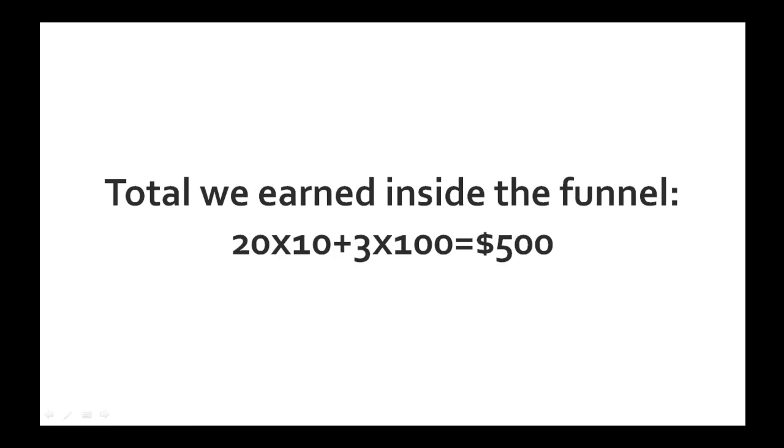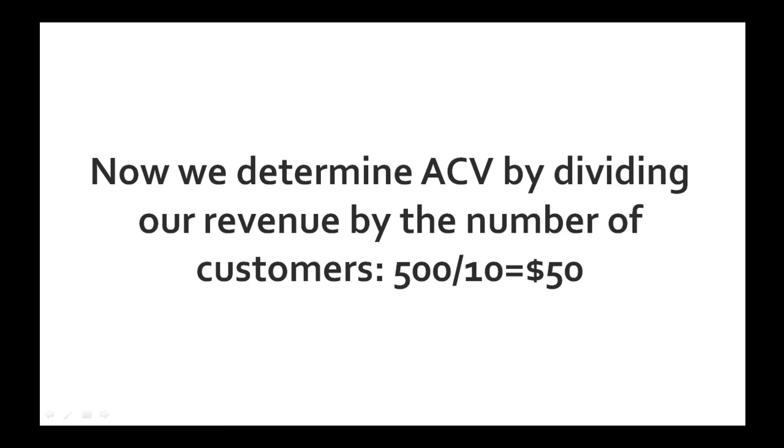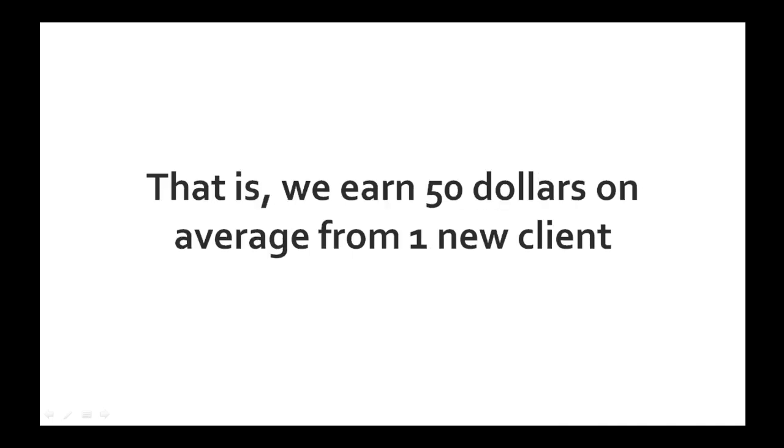Total we earned inside the funnel 20 multiplied by 10 plus 3 multiplied by 100 and we get $500. Now we determine ACV by dividing our revenue by the number of customers. We divide $500 by 10 clients and get $50. That is, we earn $50 on average from one new client.